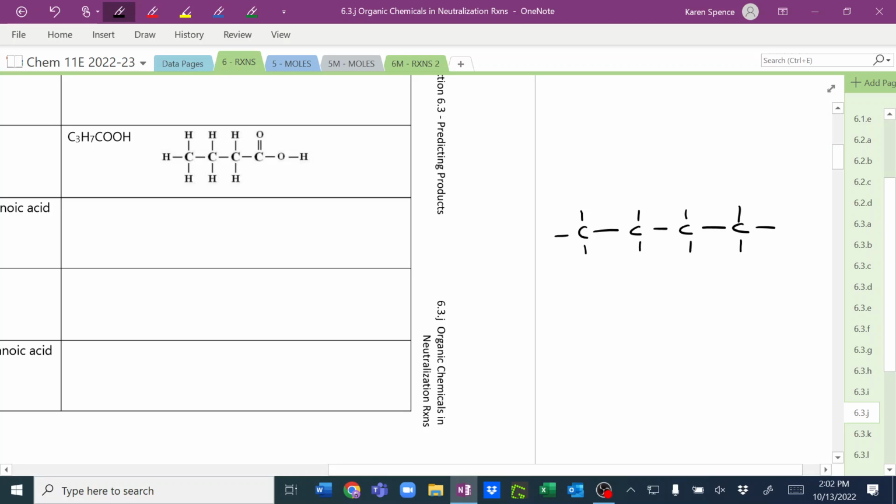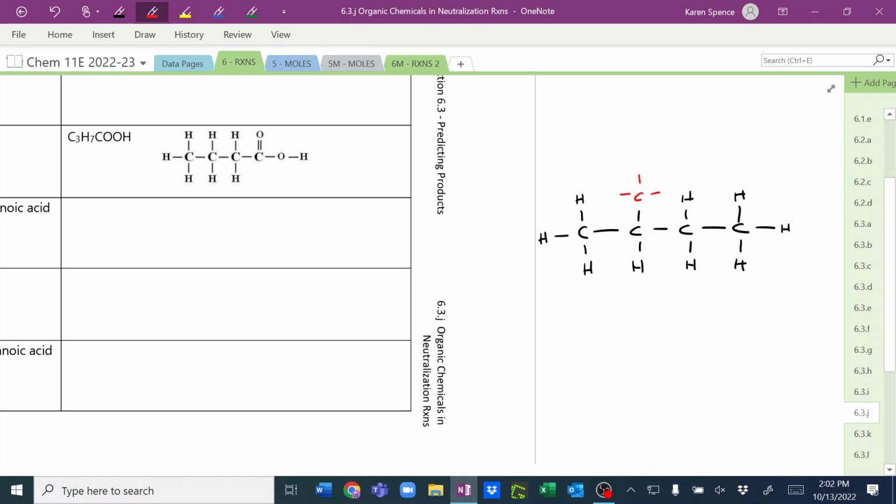Now, if instead of having a hydrogen, so if all of these are hydrogens, but sticking off of one of them, instead we have a CH3, that's a methyl group.